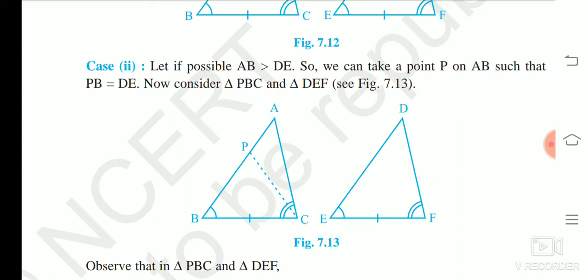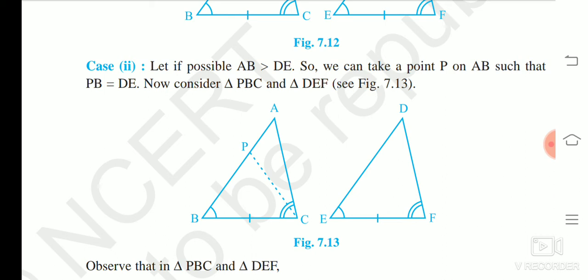AB is not equal to DE, that's why we introduce one point P. Now PB and DE are equal. So we can take a point P on AB such that PB equals DE. Now consider the triangle PBC.